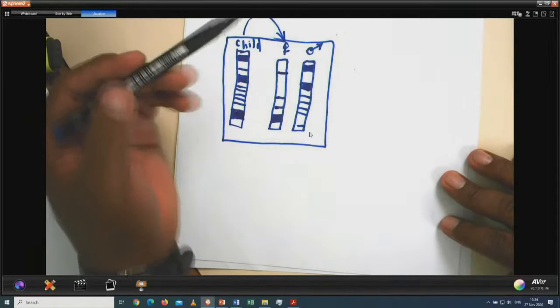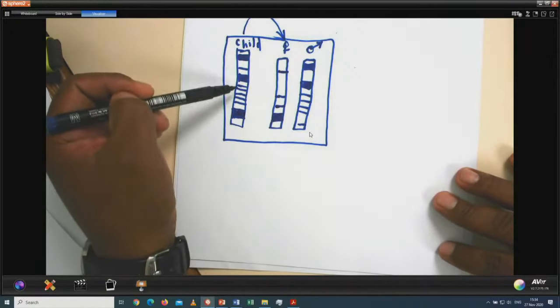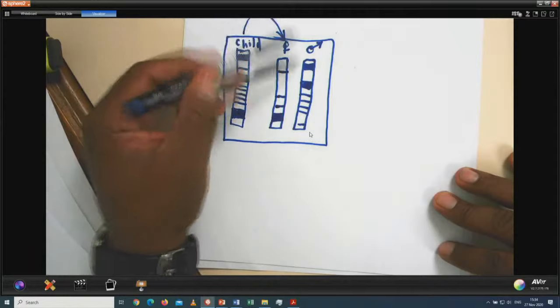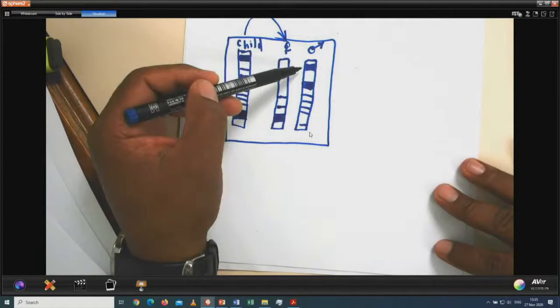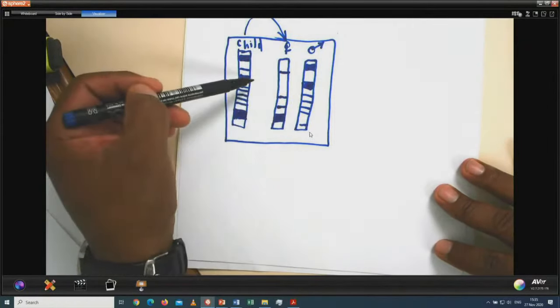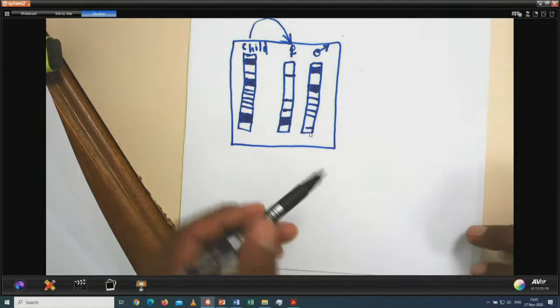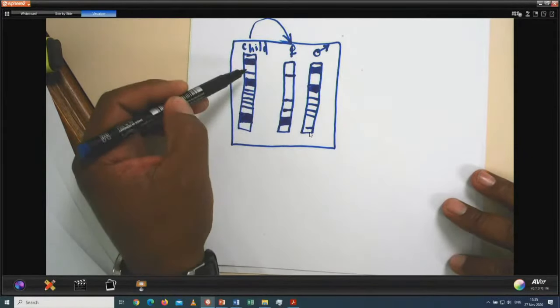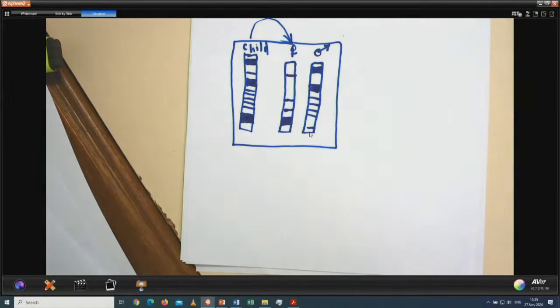And now the remaining bands on the child's DNA profile will then be matched to those of the possible father, and if they match, just like the rough example I've made, then this man is definitely the father of the child. But if the remaining DNA bands on the child's DNA profile do not match any of the fathers, then this man is not the father of that child.